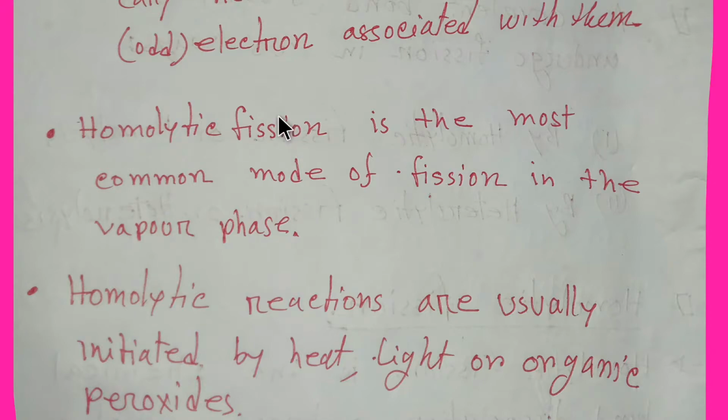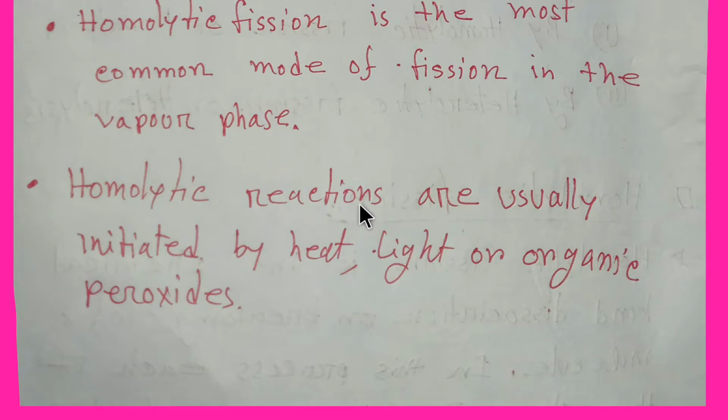Homolytic fission is the most common mode of fission in the vapor phase. Homolytic reactions are usually initiated by heat, light, or organic peroxide. So this is the basic information about homolytic fission and homolytic reactions.